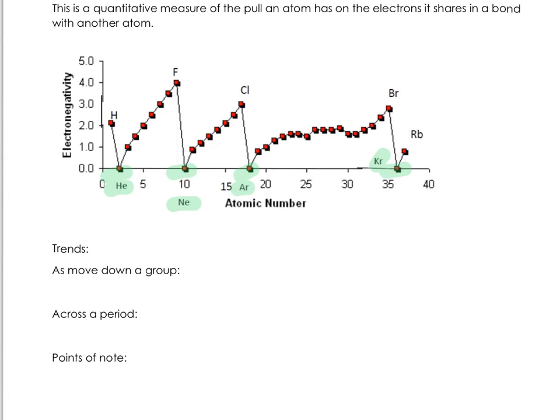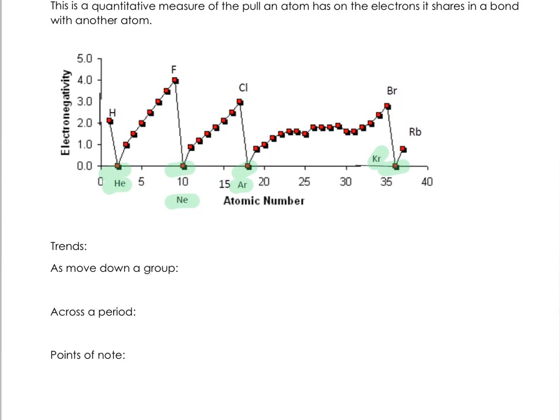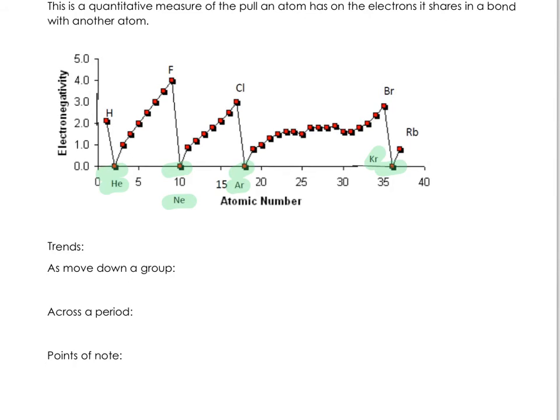They're not going to form bonds. So noble gases have an electronegativity value of 0, and that's because they don't bond.